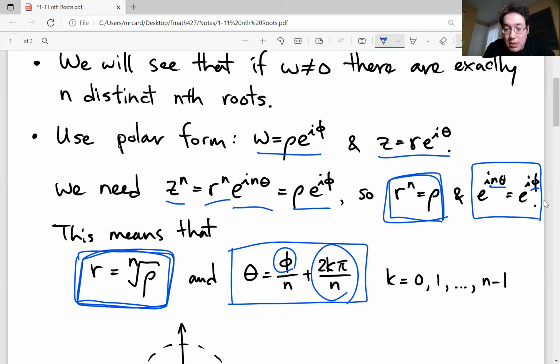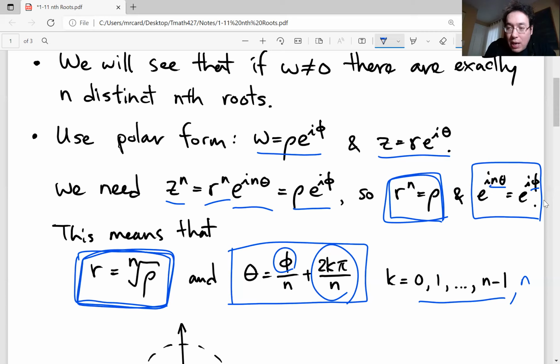Okay, and k could be anything, right? K could be 0, it could be 1, it could be 2, and so on. So there's lots of different answers here. But the thing about it is, as you increase the k, when k is equal to n, the n will cancel out and you'll get 2 pi.